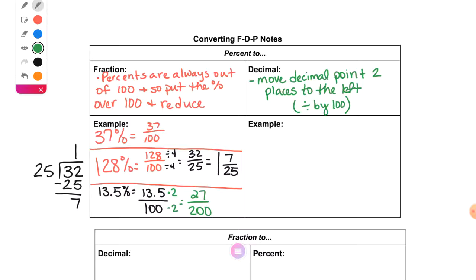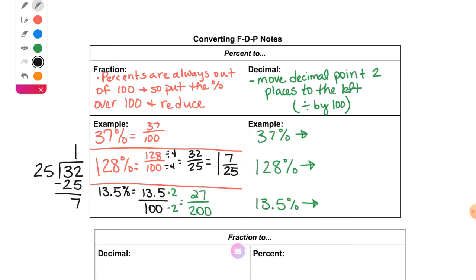So I'm going to keep those same 3 examples for this one. We're going to change 37% to a decimal, 128% to a decimal, and 13.5% to a decimal. Okay, Noel told us to move the decimal point 2 places to the left.